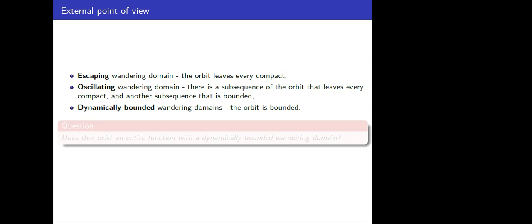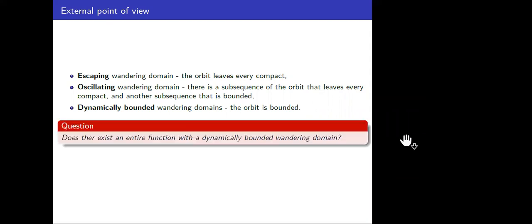And dynamically bounded ones are those where every forward orbit is bounded. Many of you know that there is a major open question: does there exist an entire function with a dynamically bounded wandering domain? So this is more or less about the dynamics and the behavior of wandering domains.